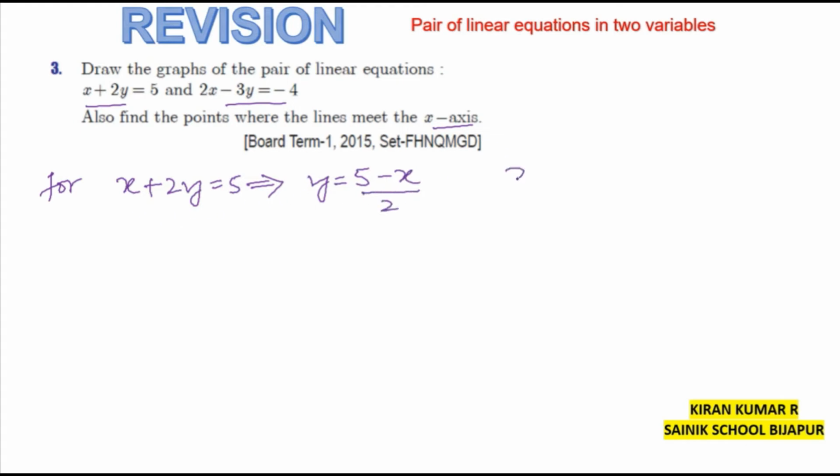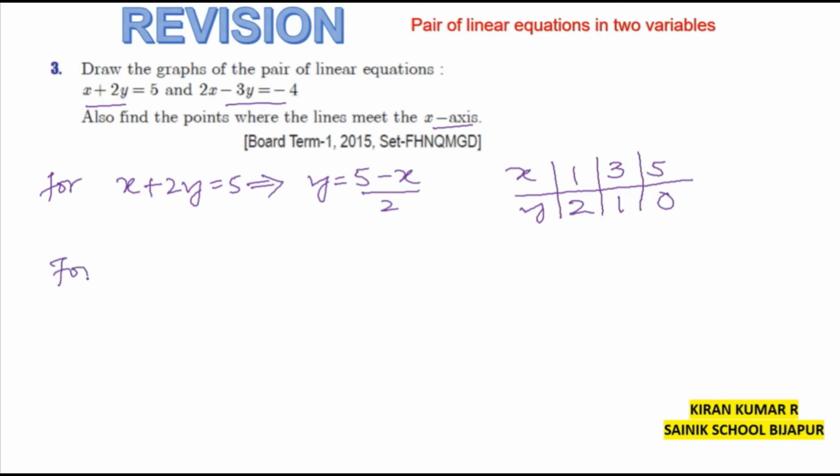Let me write the coordinates here. When the value of x is taken as 1, the value of y becomes 2. When the value of x is taken 3, the y value becomes 1. When it is taken as 5, we get the value of y as 0.